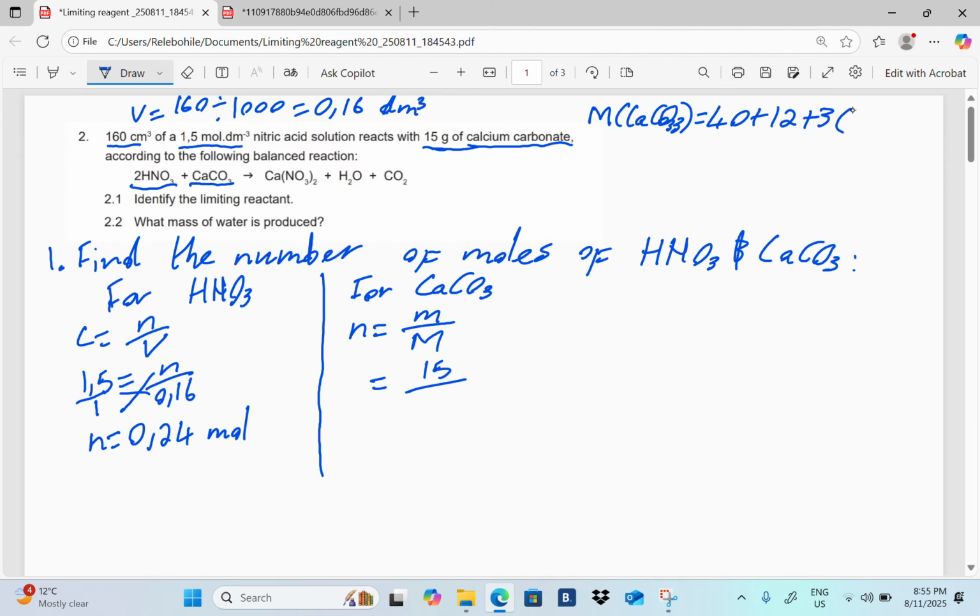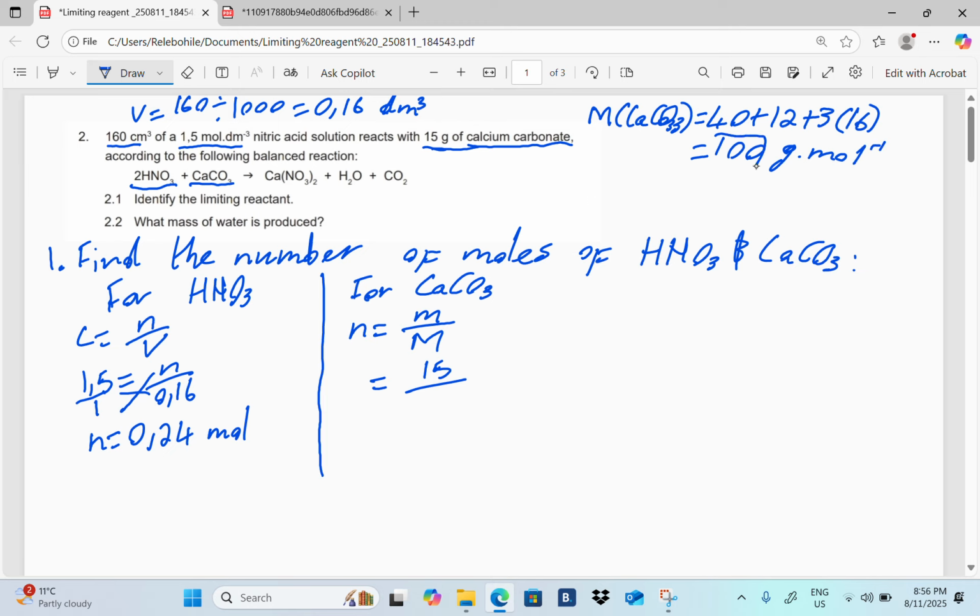Then the calculator will do the rest of the work. So I'll say 40 plus 12 plus 3 in brackets 16. Close my bracket and press equals. The answer I get here is 100 grams per mole.